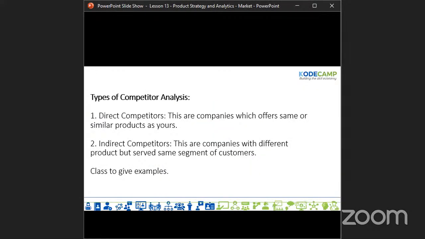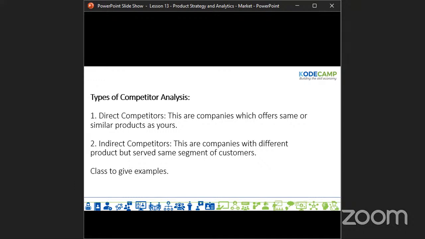So the first aspect is understanding that you have direct and indirect competitors. I spoke about this last class. A direct competitor produces a good or product similar to or the same as yours, or with a little bit of innovation that makes it slightly different. An indirect competitor might have a totally different product, might not even be in your niche, or might be in your niche but answers to the same set of customers.